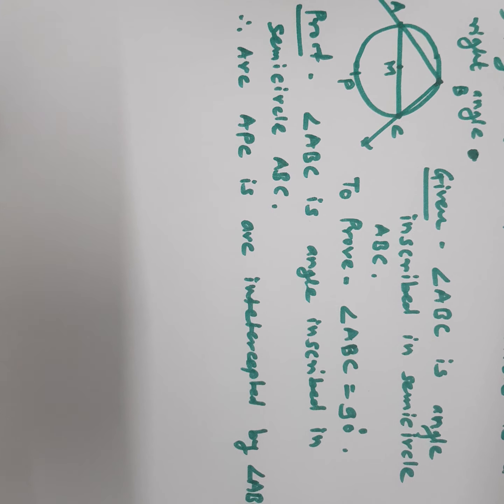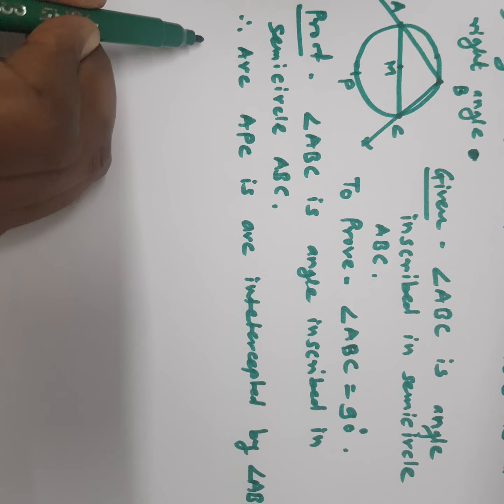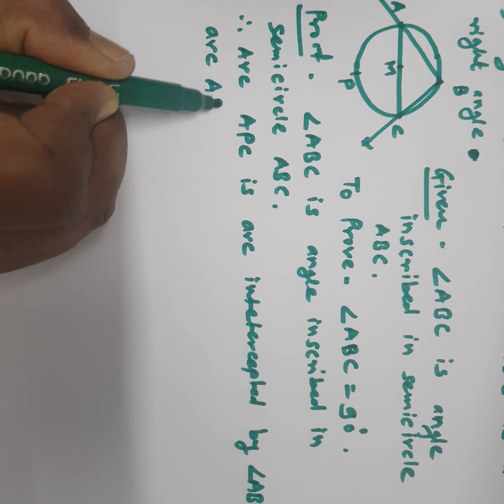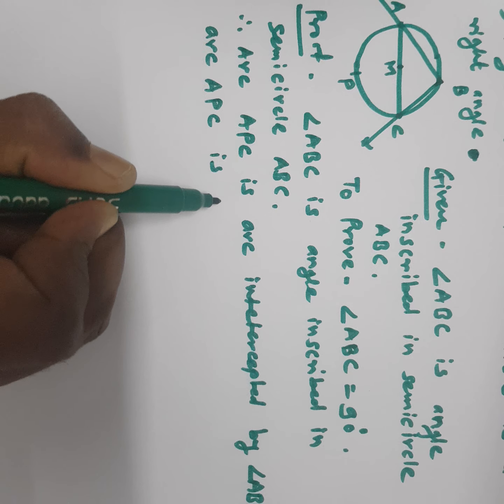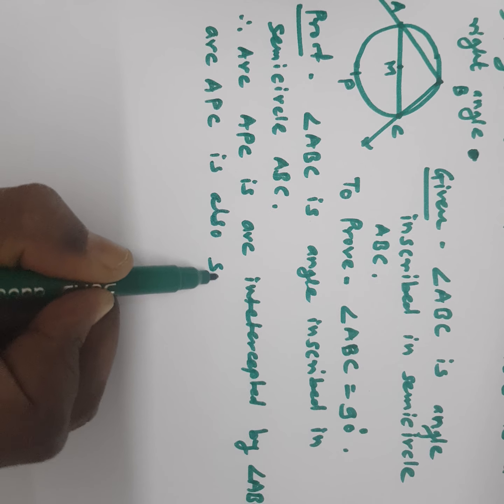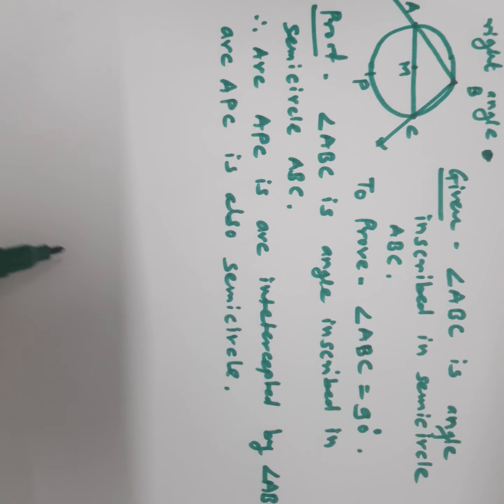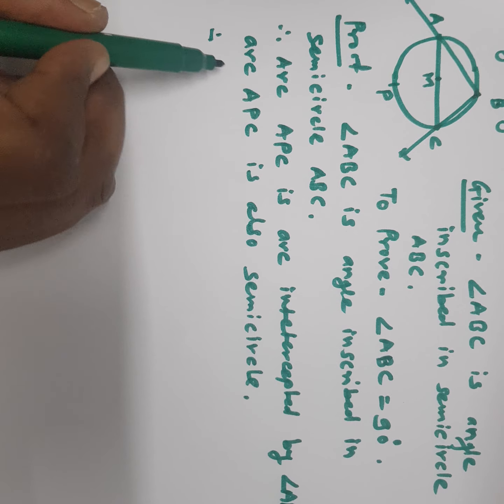As angle ABC is in a semicircle, arc ABC or arc APC is also a semicircle.